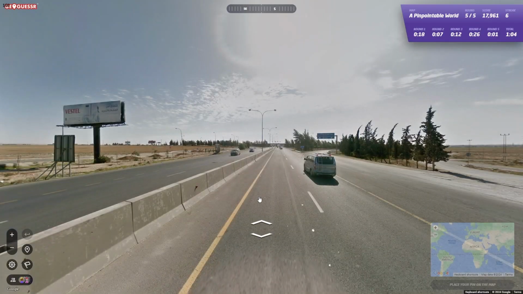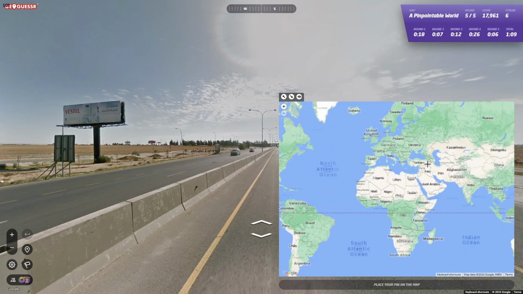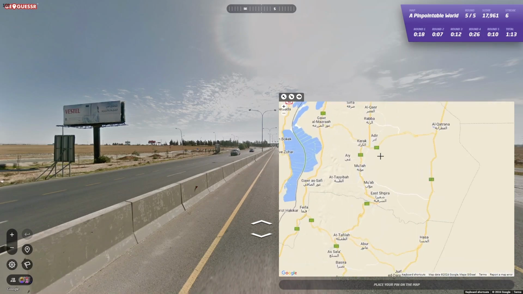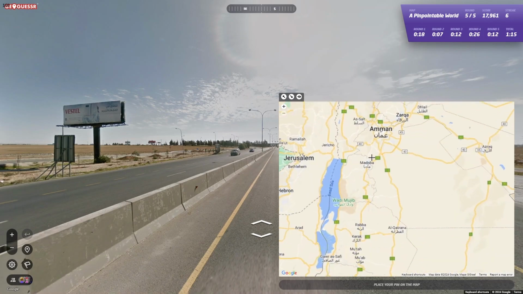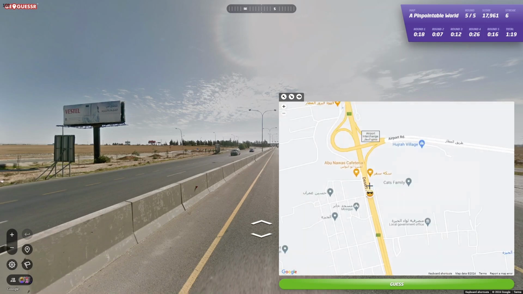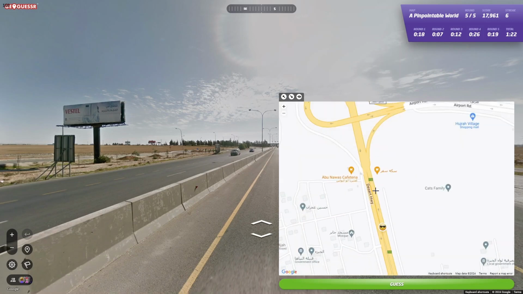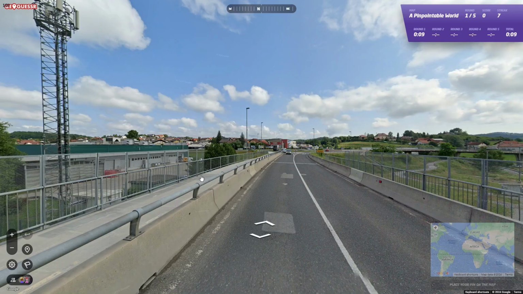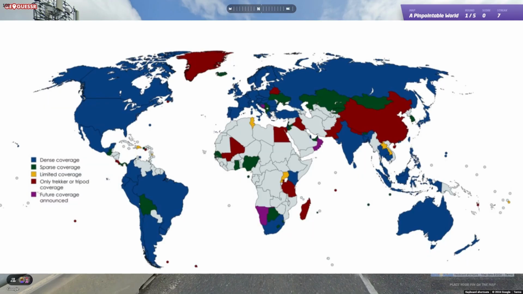The third key tip that I would also like to share is learning which countries are covered by Google Street View. Of course, due to political reasons, laws and things like that, not all countries are currently covered on Google Street View. Again, I will put a map up on screen of the countries that do have coverage. Different countries have different camera generations and different density of coverage, and some countries do not have car coverage.